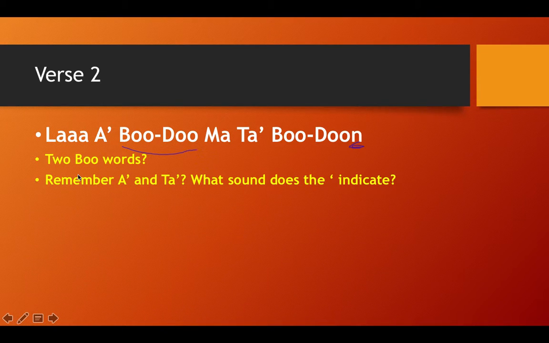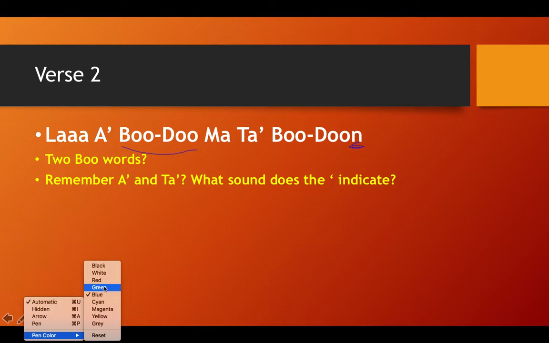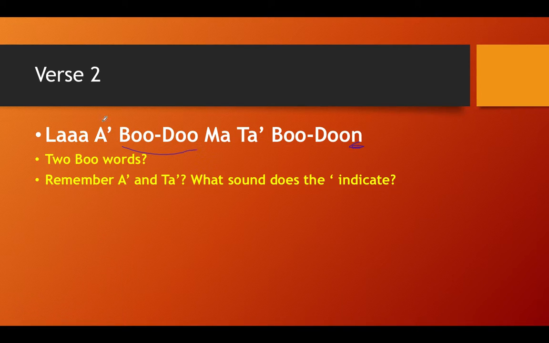The next thing is remember the A apostrophe and the TA apostrophe. So we have to think about the sound that both of them make, okay? I mentioned to you earlier that any A vowel with that apostrophe will indicate an ayin, this letter here. So the way we say this is, start with la a.